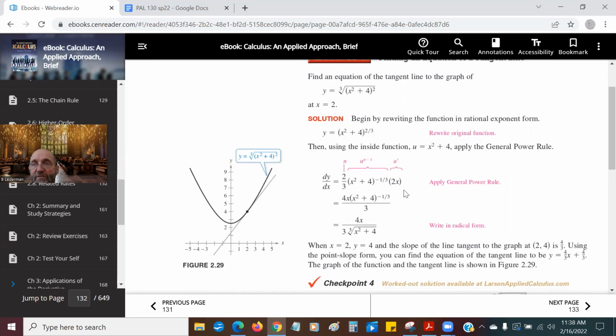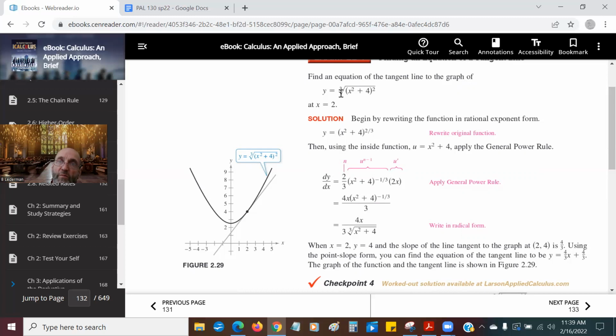Meanwhile, we're not done. This is only half the problem, because now we want to find the equation of the tangent line when x equals 2. So I have to take 2 and plug that into the derivative, and that's going to give me the slope of the line. I should have said this right away: there are 2 things we need to know.